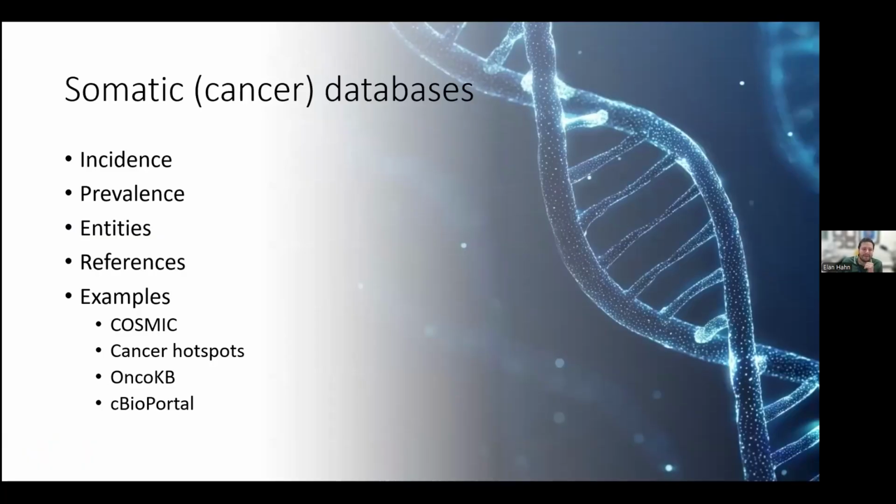So then we can move on to somatic or cancer databases. These databases provide information about the incidence and prevalence of variants across the spectrum of different cancers and subtypes. They cross-reference to other genomic databases, as well as to published literature, and there's some cellular pathway data, targeted therapy data, and clinical trial and outcome data as well.